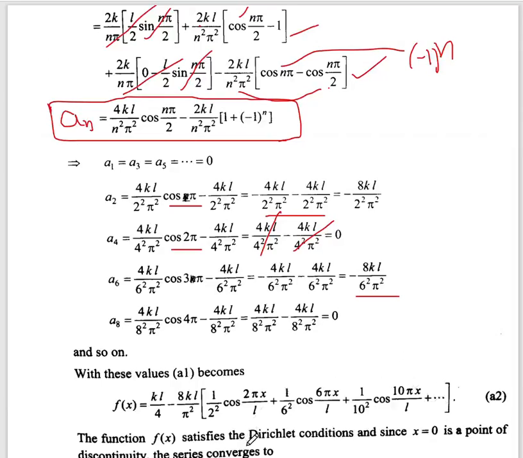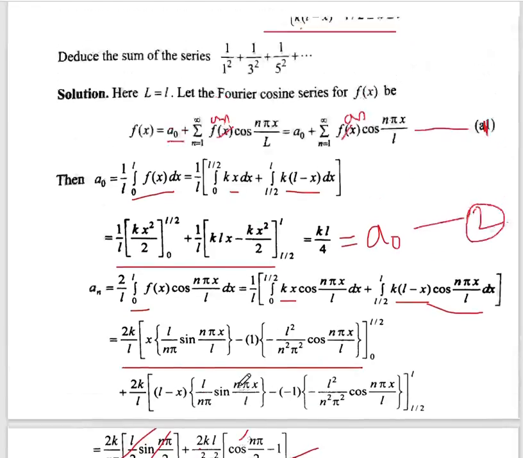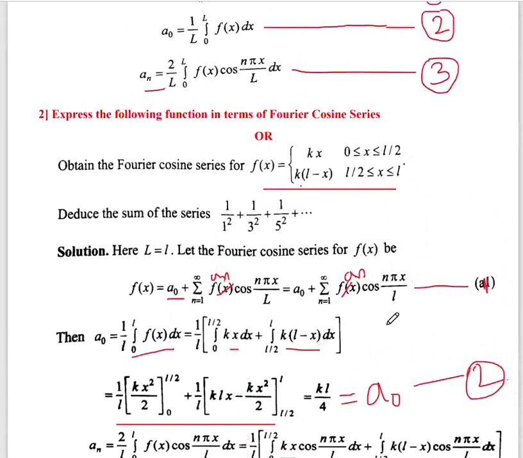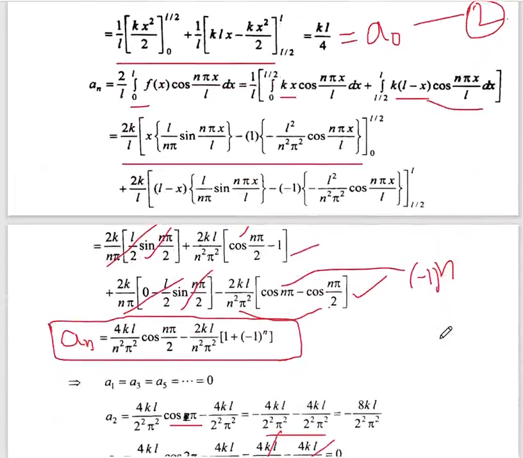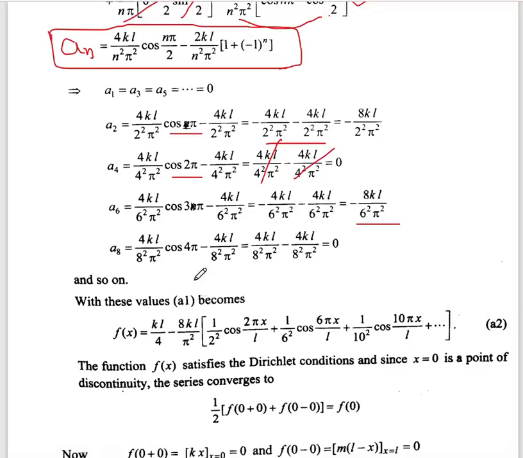Okay, now we will put these values in the original equation number 1. First of all we will expand this for n equal to 1, 2, 3, 4 and so on. Then we will put the values a1, a2, a3, a4 and a6, a8 and so on.